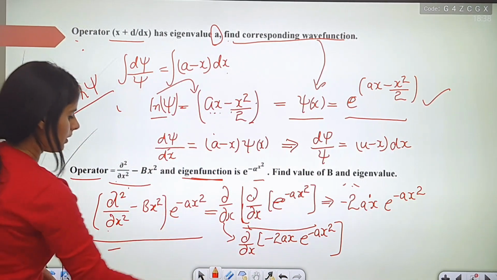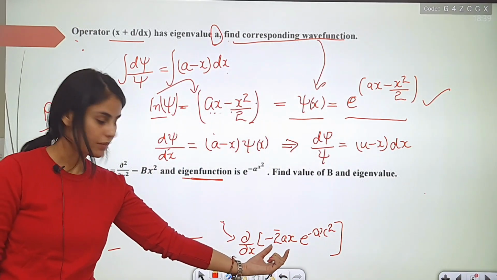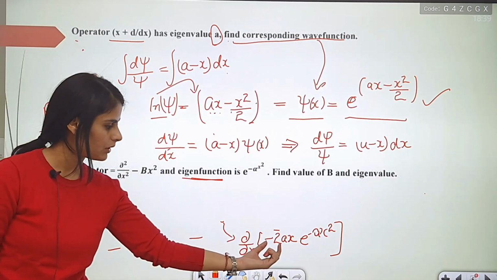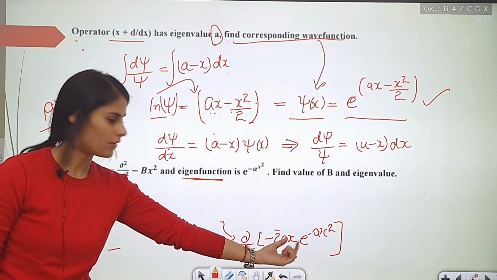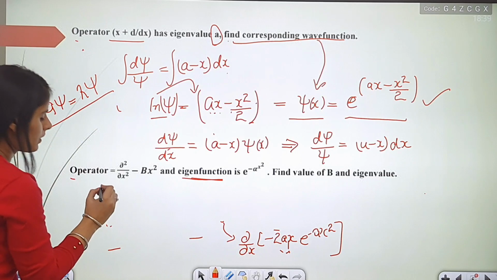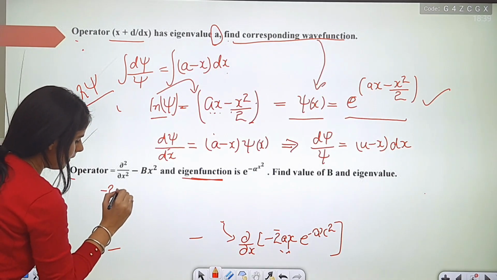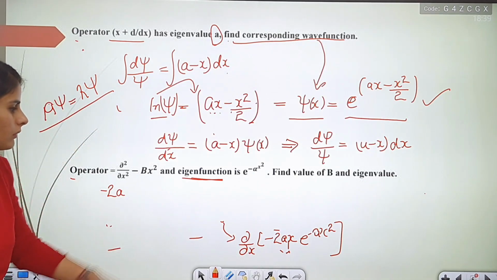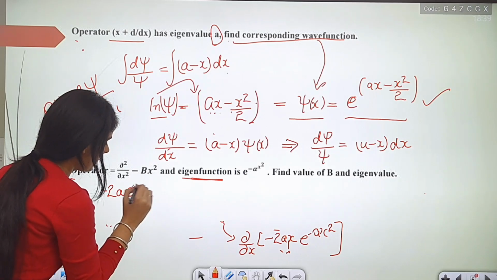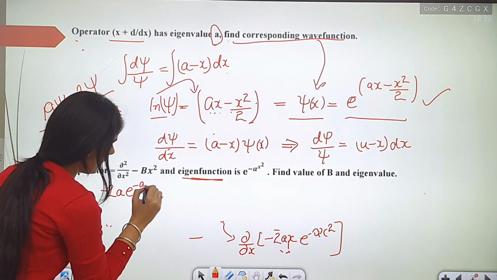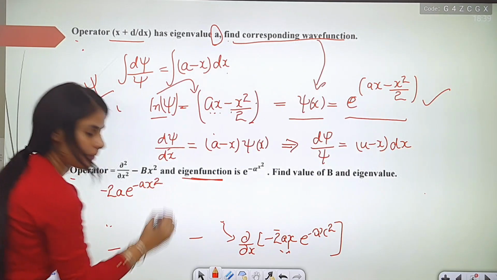Okay. First of all, we are going to deal with the first part of the expression, 2ax. The derivative of x is 1, so it is minus 2a e raised to power minus ax square.